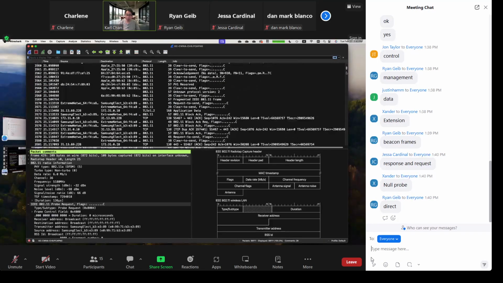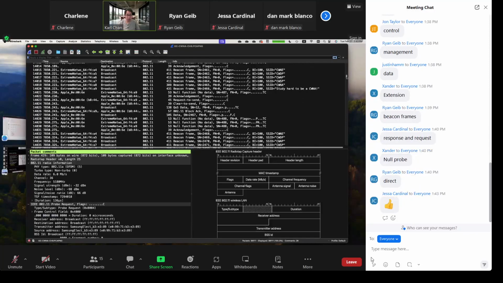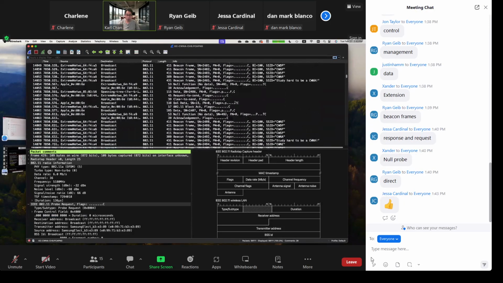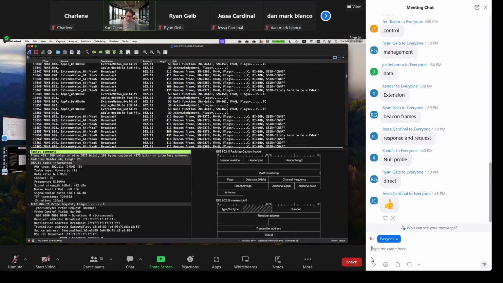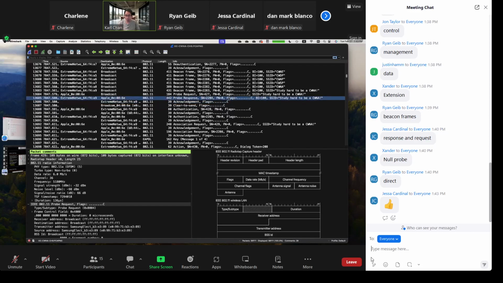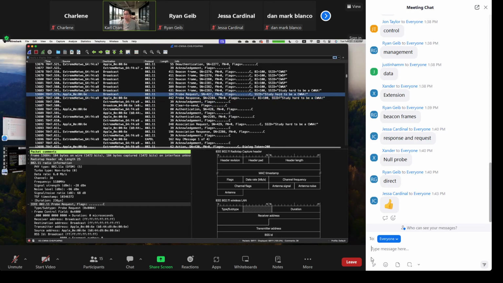And another kind is here, 136 something, 685, if I remember correctly. Yeah, here. This is another probe request, but it included an SSID. This is a direct probe request.